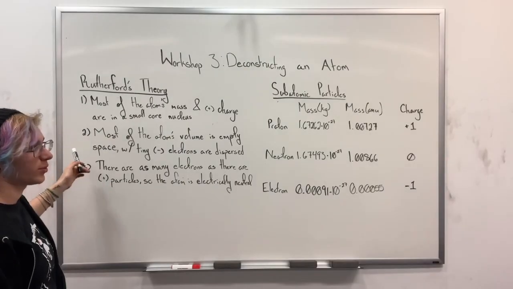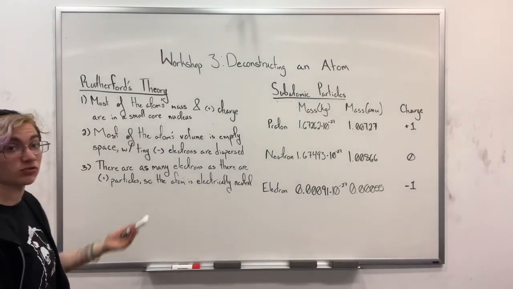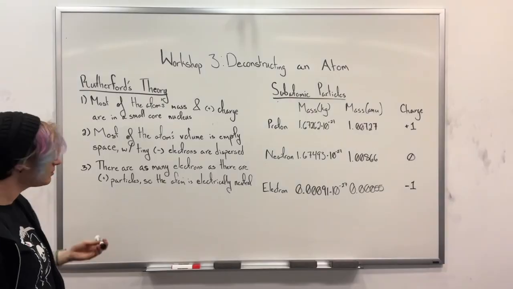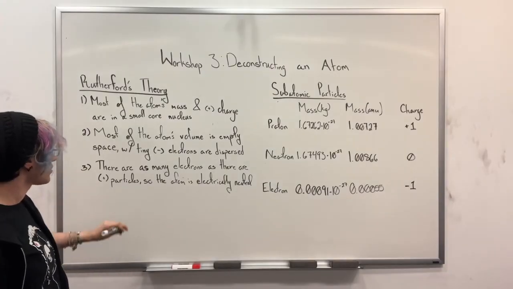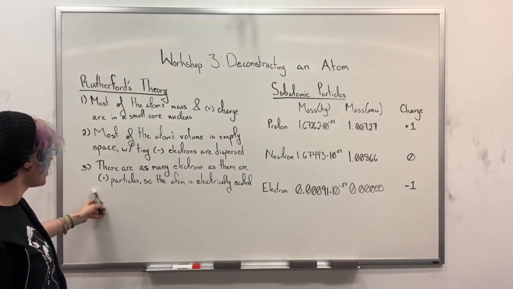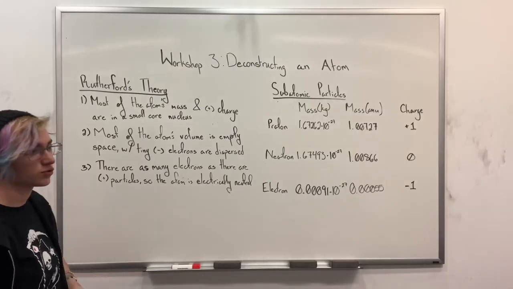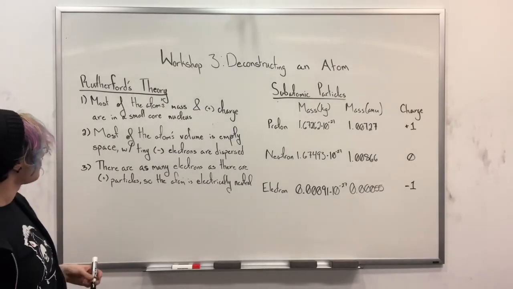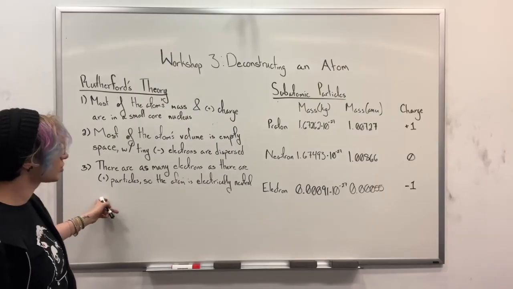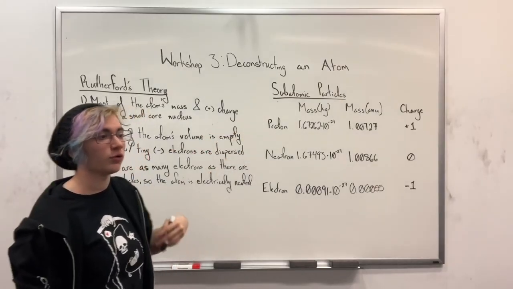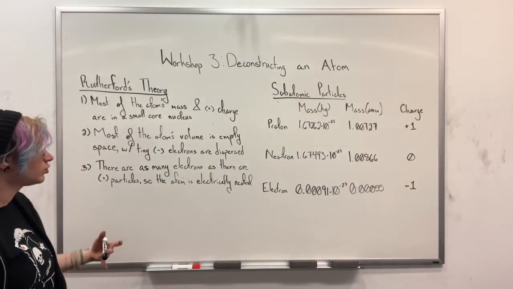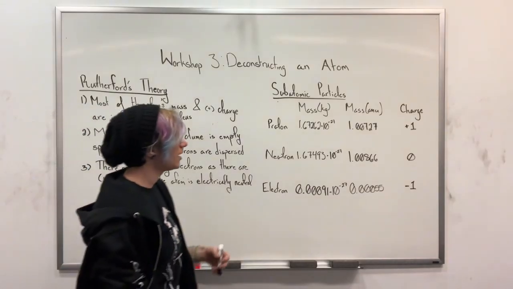This is why some of the particles were still able to just pass through with no issue and not be deflected. And three, there are as many electrons as there are positive particles, so the atom is electrically neutral. If you have 6 positive particles, which are called protons, and your atom is neutral, you have 6 electrons.